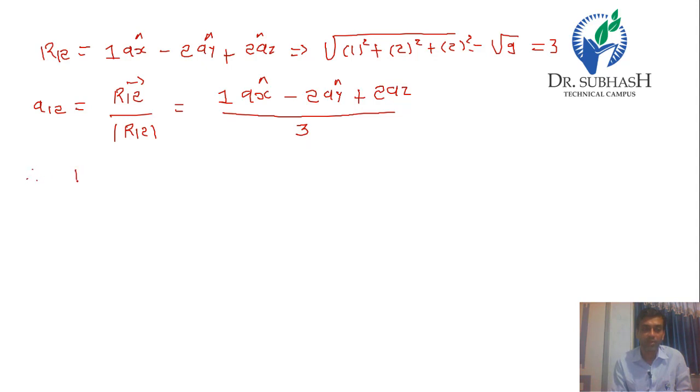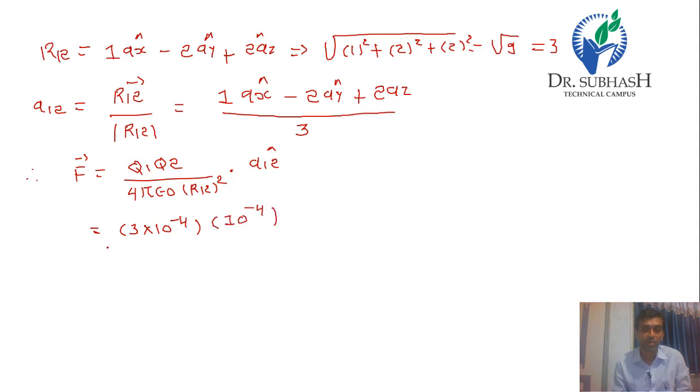Now put the values of q1 and q2 in the force formula, which is q1 q2 upon 4 pi epsilon 0 r12 square, unit vector a12. q1 is 3 cross 10 raised to minus 4, q2 is 10 raised to minus 4, and 4 pi times 1 upon 36 pi 10 raised to minus 9.